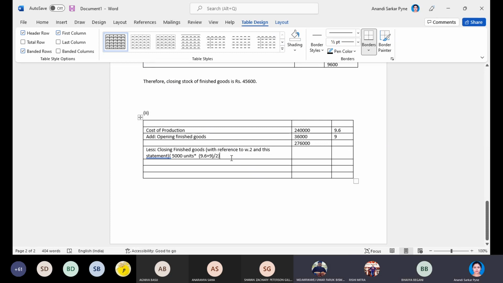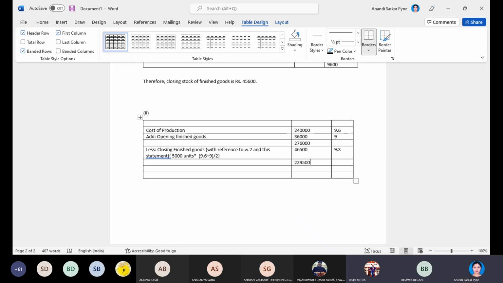The next month, it will be 9.3 into 5,000, which is 46,500. So now you add this, deduct this: 2,76,000 minus 46,500, we get 2,29,500.